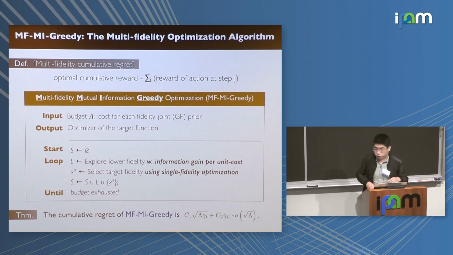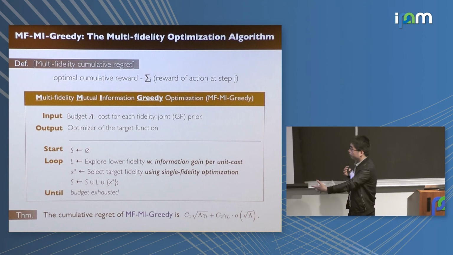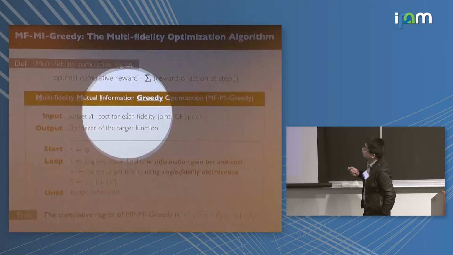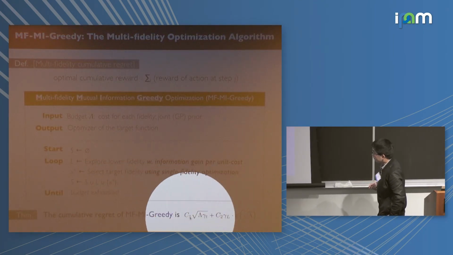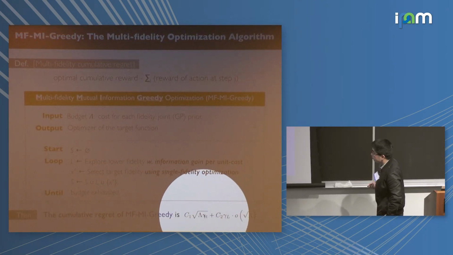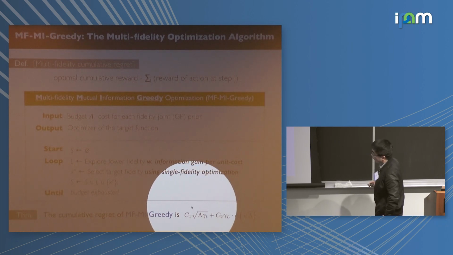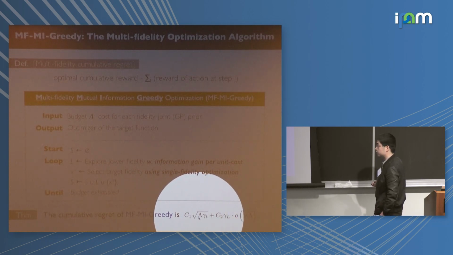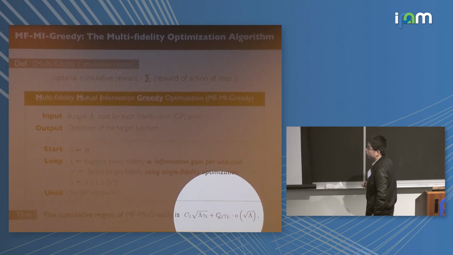So we actually show that in the end, using this intuitive algorithm, we can prove that the regret under this definition is going to be bounded by basically two terms. One term is characterizing how much regret we're incurring at the highest fidelity for the exploration algorithm, and also there is some trade-off term for exploring the lower fidelity.